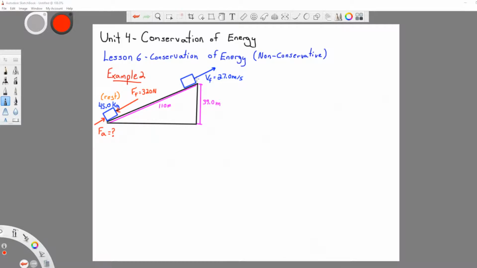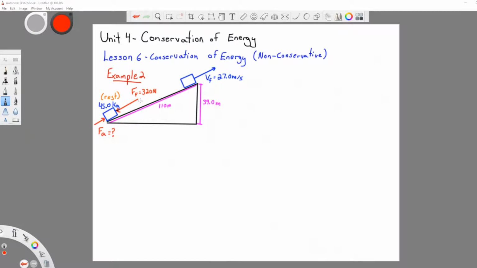Alright, so what we have going on is a block that starts at rest. This block weighs 45 kilograms. It's going to be both pushed up the hill by some applied force, but also there's a fairly large force of 320 newtons of friction that's also going to be applied along the way. Along the way is a 110 meter stretch up a slope, and when it reaches the top it will be 39 meters high.